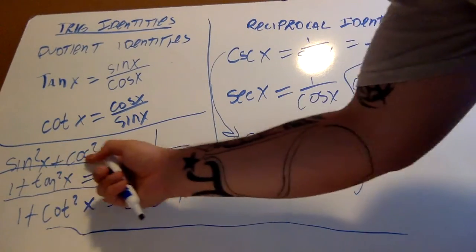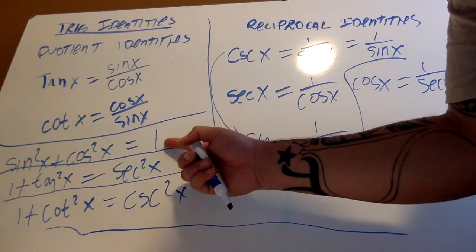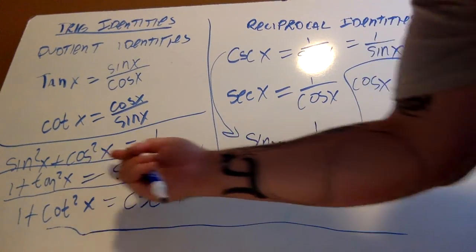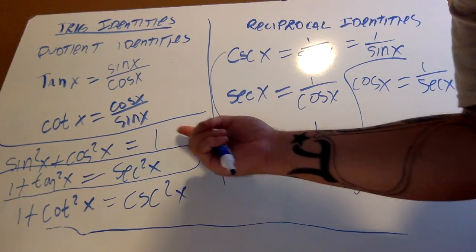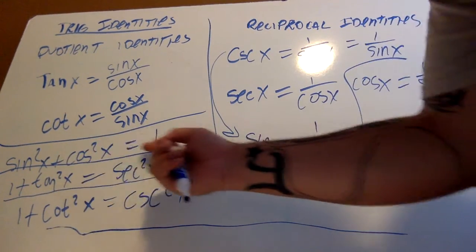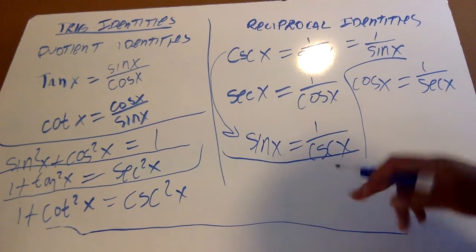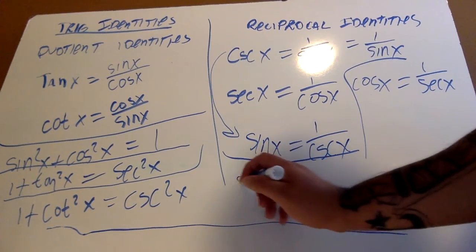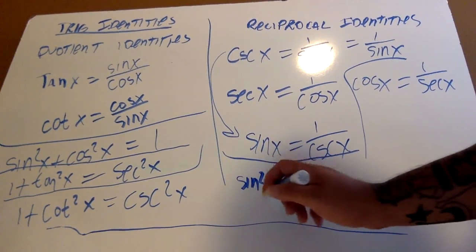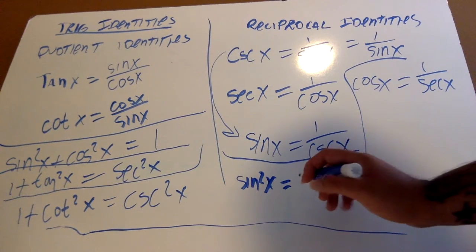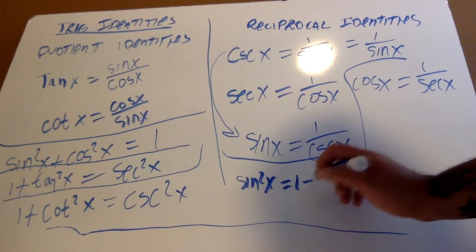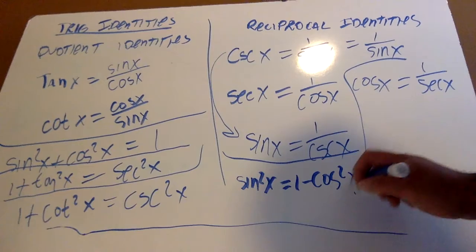If you have sine squared plus cosine squared x is equal to 1, we can also move the cosine squared to this side to have sine squared equals 1 minus cosine squared. So for example, I can have sine squared x is equal to 1 minus cosine squared x.